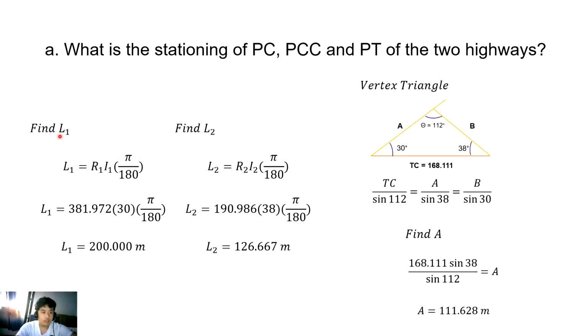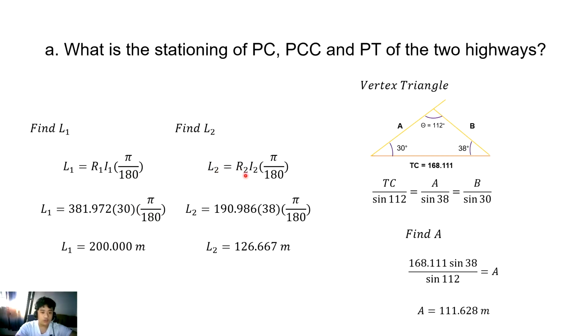So, para makuha naman natin yung L or length of arc din sa simple curve, same formula pa rin sa paggamit dito sa compound curve. So, R1 times I1 times pi over 180. So, i-substitute lang natin sila. 381.972 times 30 times pi over 180. And we'll get L1 as 200 meters.